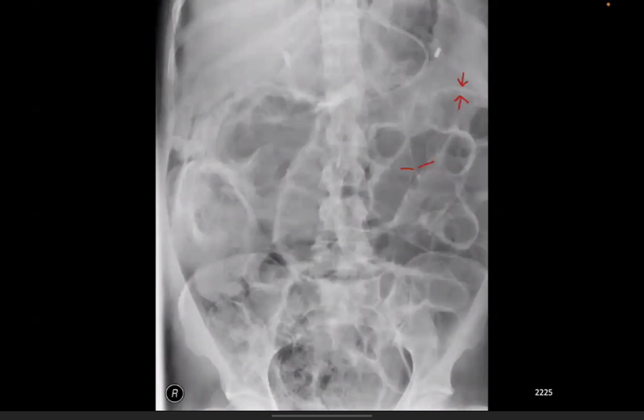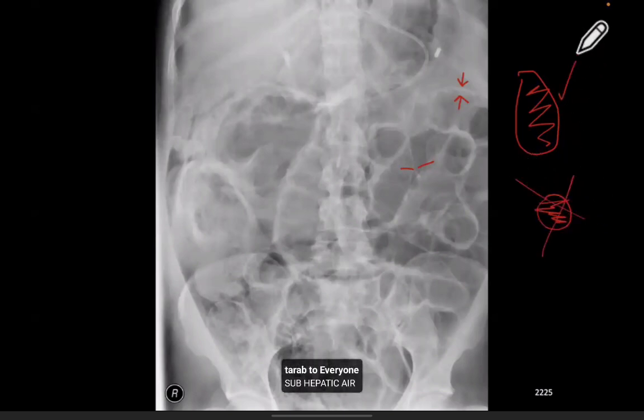And this is the football sign, goes all the way around. It's shaped like an American football, not a soccer football. Okay, so it's not that one, it's that one. Therefore, it's an American football. Just means pneumoperitoneum.